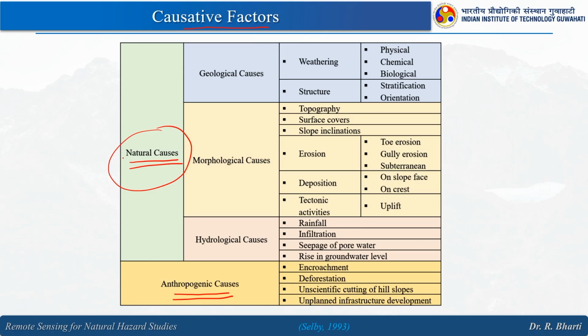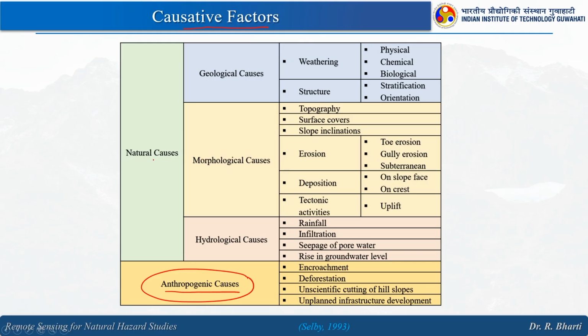But nowadays human intervention is so high that it is very difficult to segregate or differentiate in the field which one has played a more important role in triggering the landslide. But you need to understand what are the different natural causes, what are the different man-made or anthropogenic causes, right.